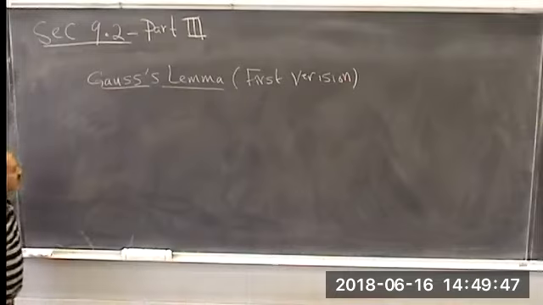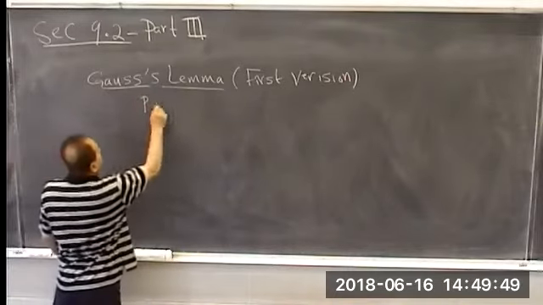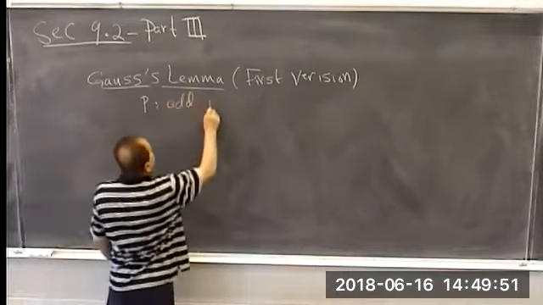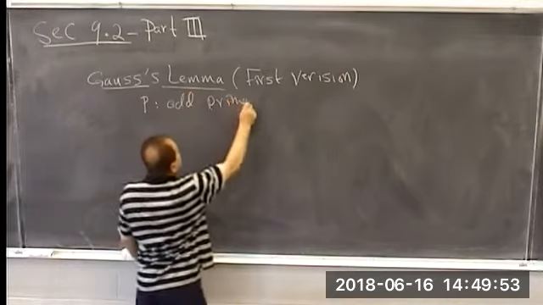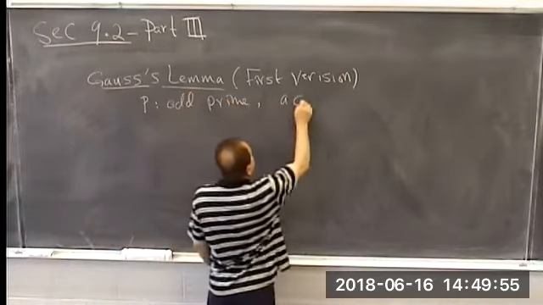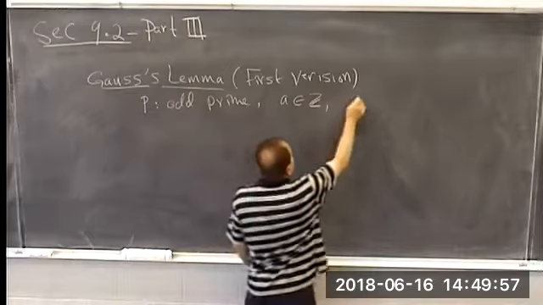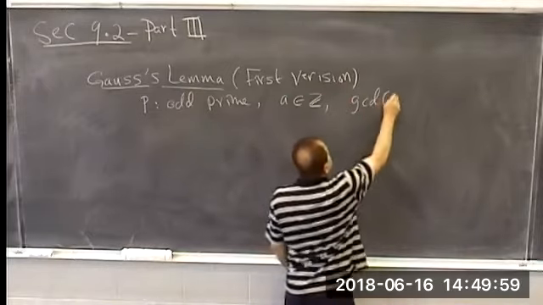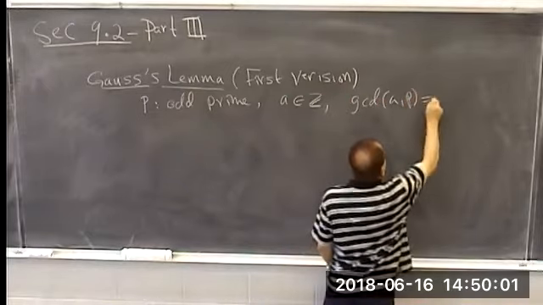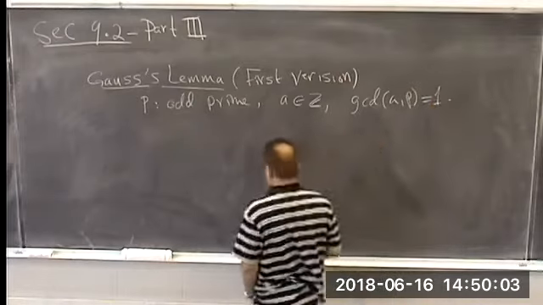So we have p is an odd prime, a is an integer relatively prime to p.